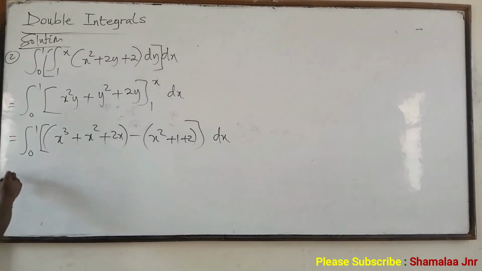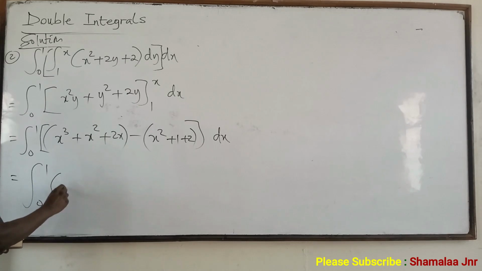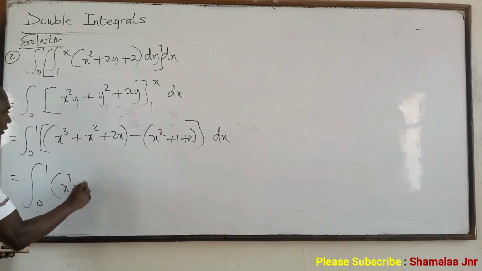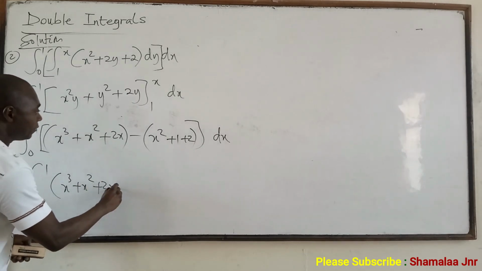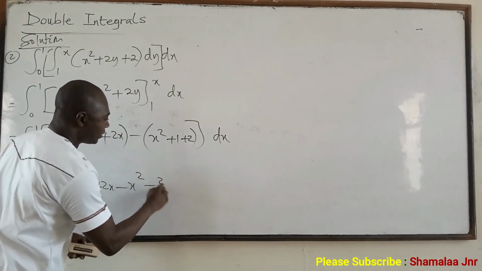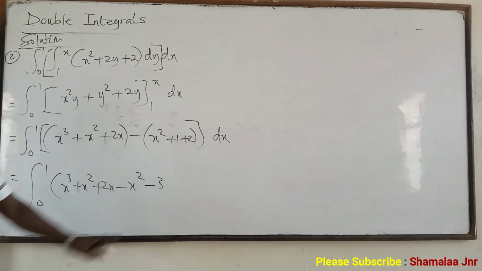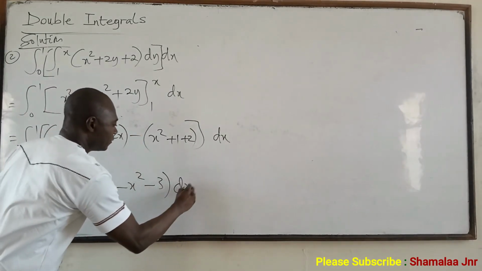Yes. Now, this is equal to the integral from 0 to 1. Let's look at what is happening. If you open the brackets, you're going to have x cubed plus x squared plus 2x minus x squared minus 3. 1 plus 2 is 3. So when it comes out, it will be negative 3, dx.